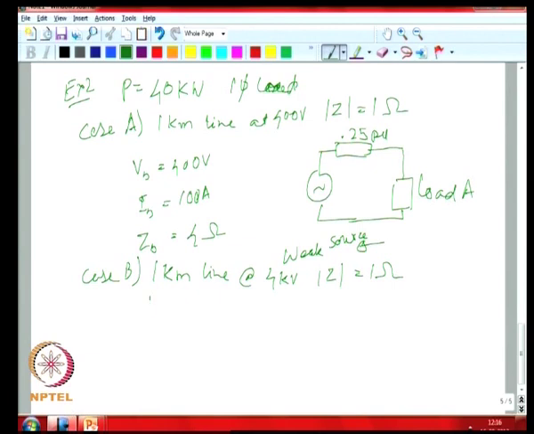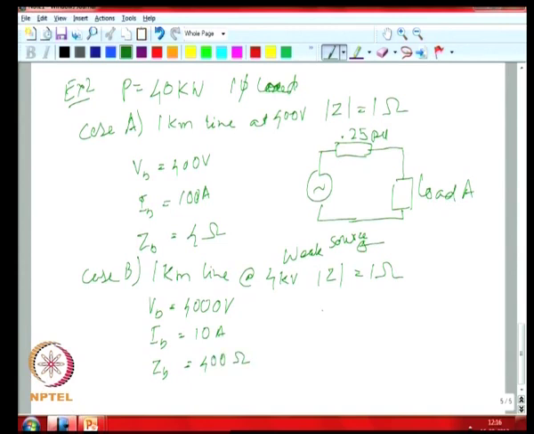So, your V base in this case is 4 kV, 4000 volts, I base is 10 amps, Z base is 400 ohms.